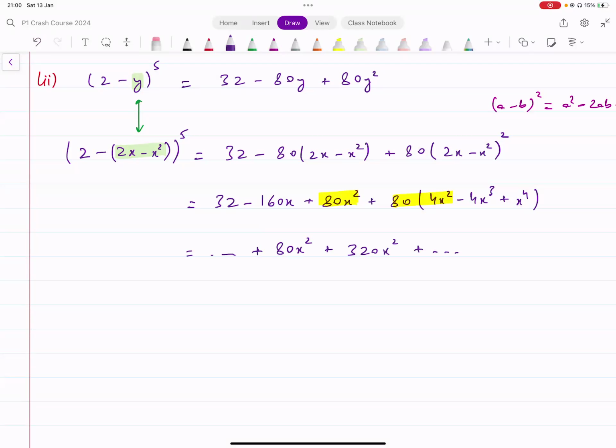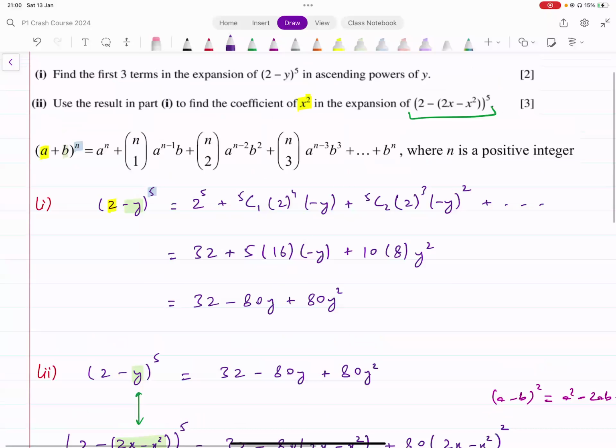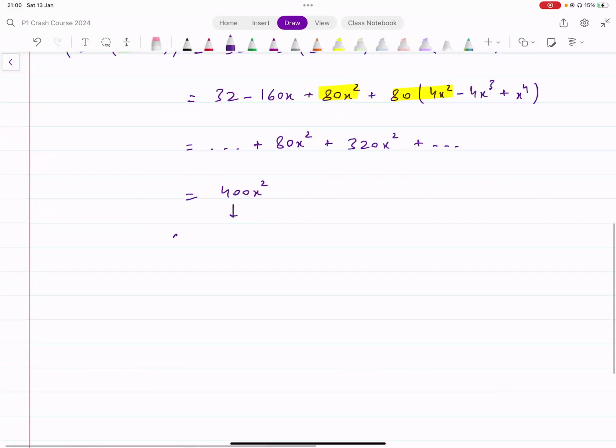We're not bothering with simplifying the rest of it. And that gives us 400x squared. We were looking for the coefficient of x squared. What's the coefficient of x squared that we were looking for? It's 400.